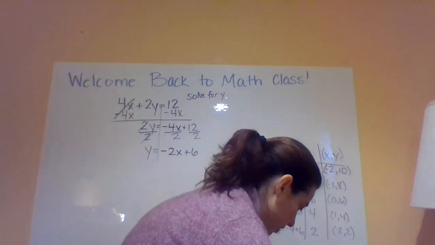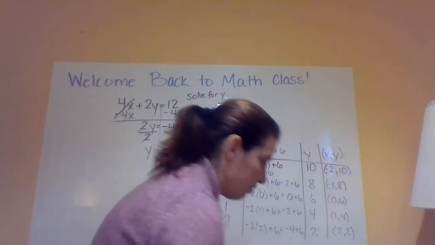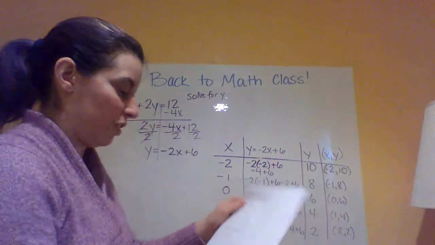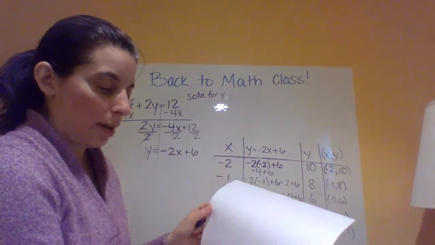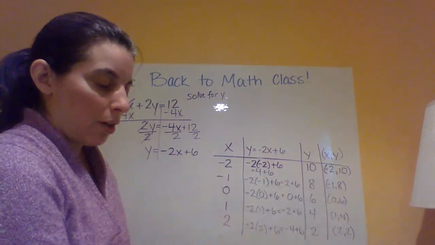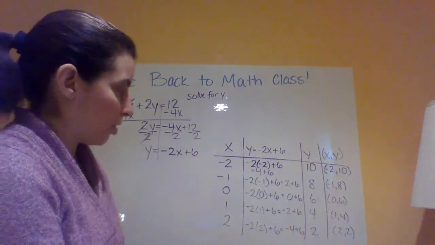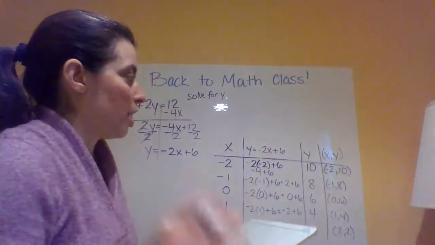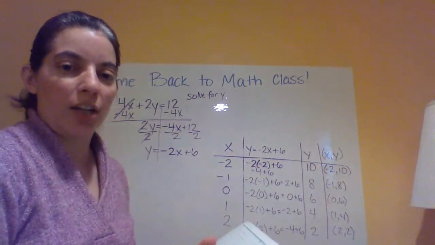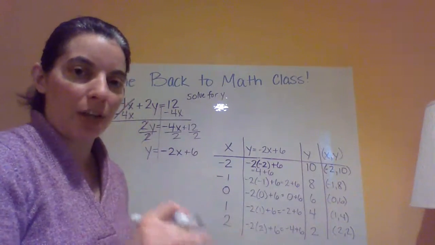So this is the graph that would be on page 6. What I'm going to do is graph this on here. When you're done, you can start the video again and check your answers. And then I'm going to stop this video there.